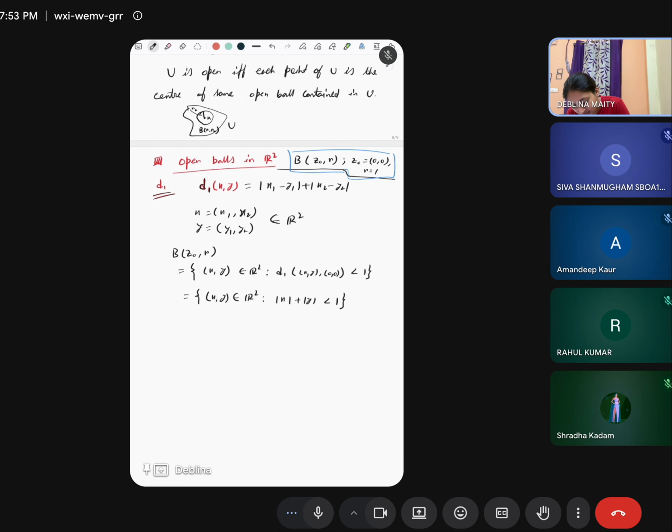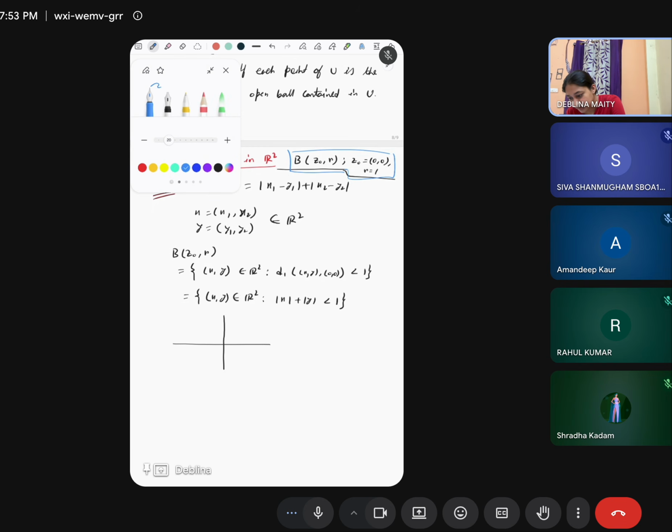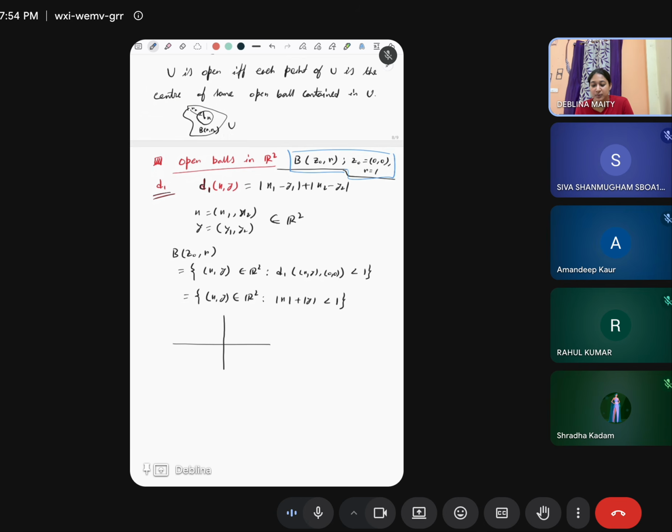Now what does this set look like? |x| plus |y| less than 1 gives four inequalities: x plus y less than 1, x minus y less than 1, minus x plus y less than 1, and minus x minus y less than 1. These four inequalities give this region.